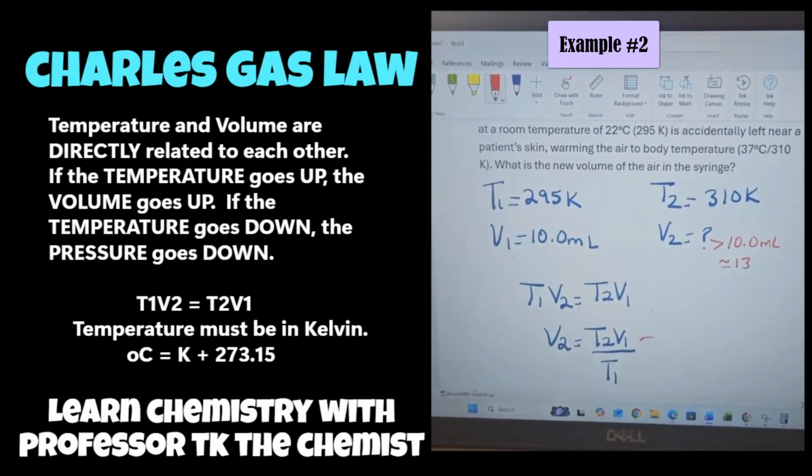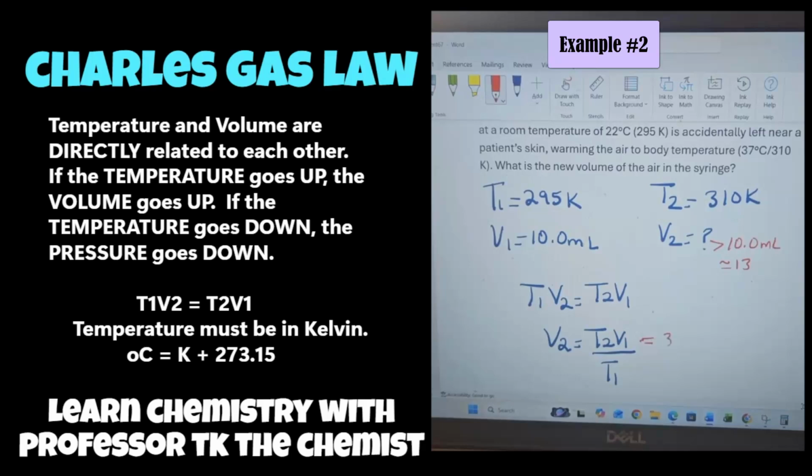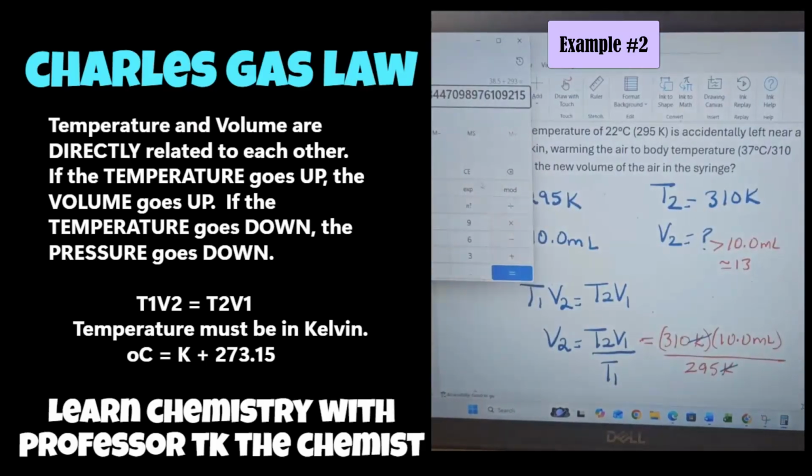So you've got your T2, 310 Kelvin. Your V1, 10.0 milliliters. Your T1, 295 Kelvin. Again, cancel out your K's because you don't need those anymore. And let's plug this into our calculator. All right, so here we go.